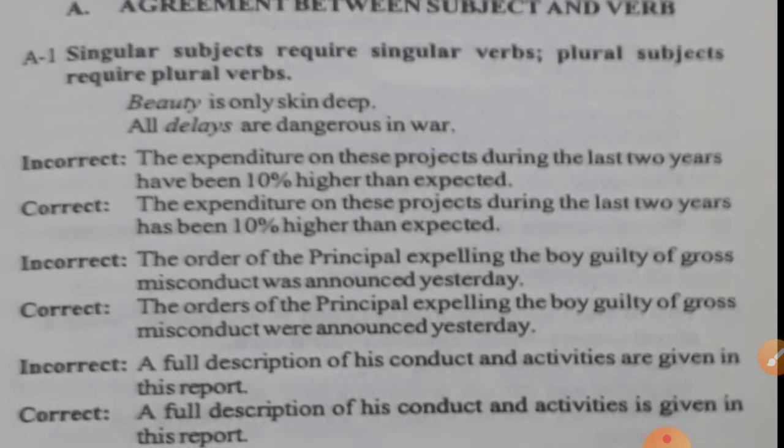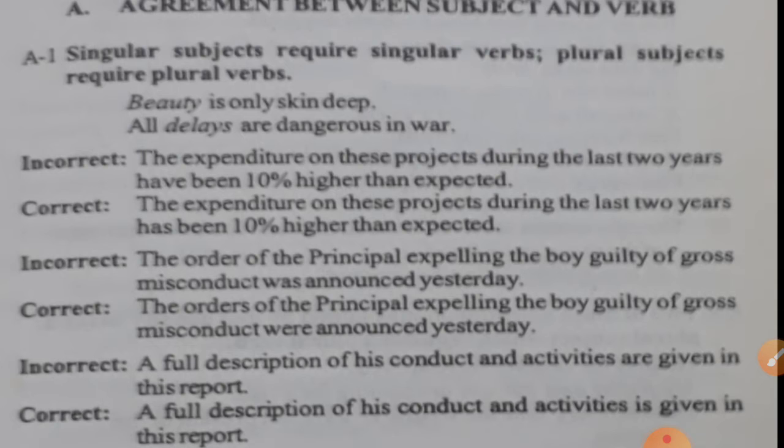And you know, this sentence has been marked as incorrect. Why? Because if we analyze this sentence, we have projects which are in plural sense. But actually we are not talking about projects. We are talking about the expenditure on these projects.